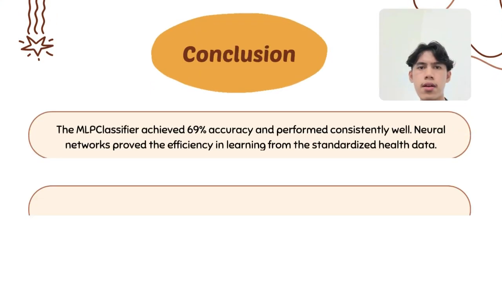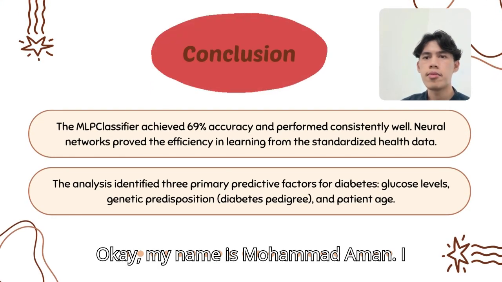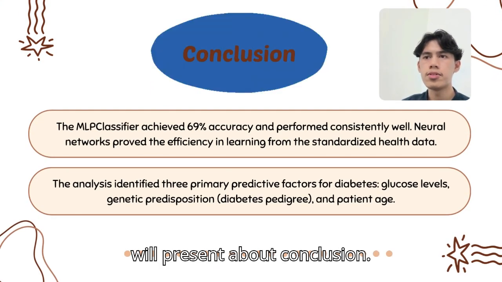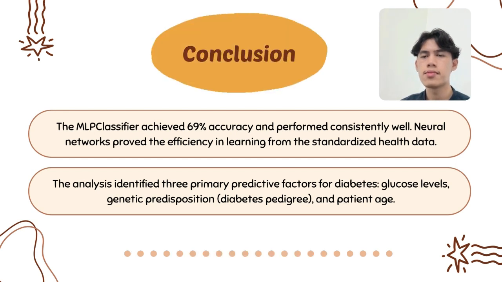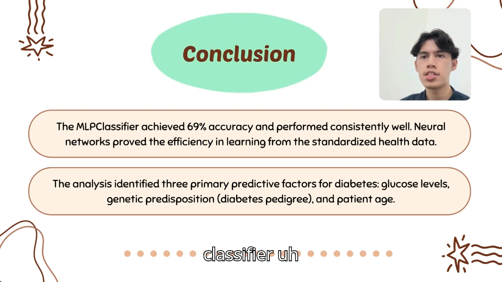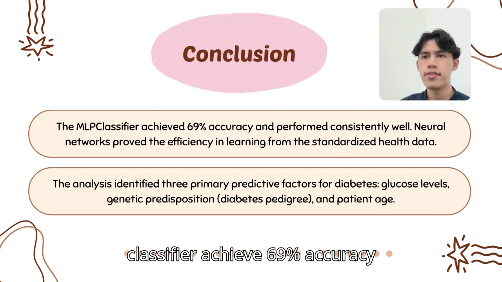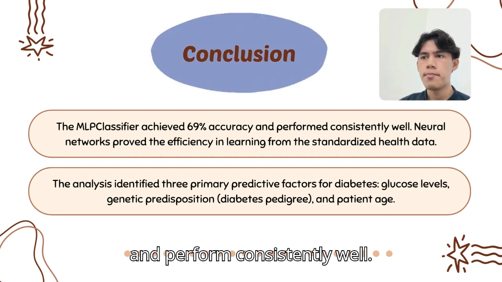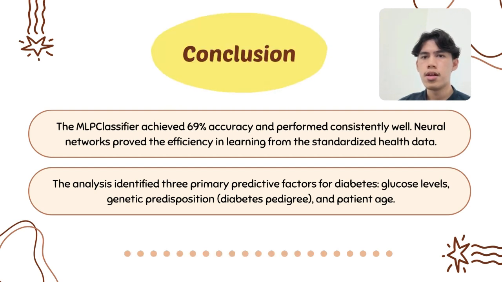Thank you. My name is Mama Iman. I will present the conclusion. From this project, we used the MLP classifier model. The MLP classifier achieved 99 accuracy and performed consistently well.